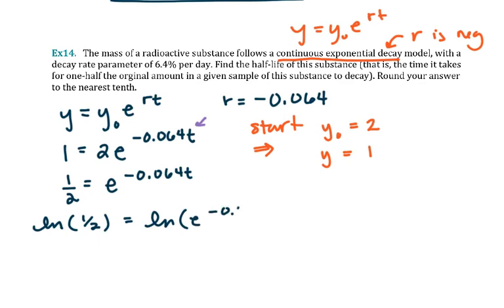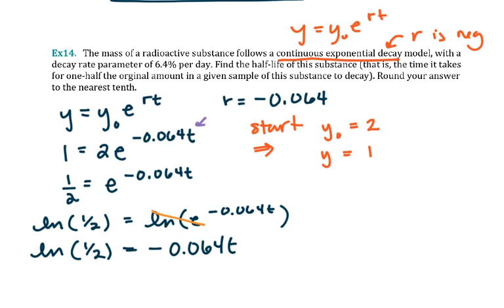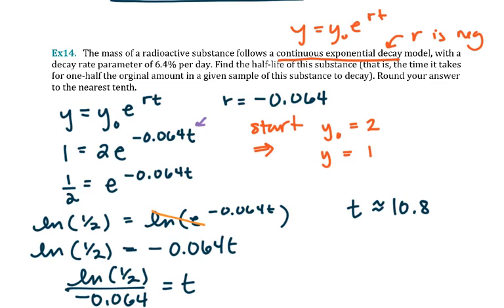What that does is allow the ln and the e to go away, and it brings that exponent down. So we end up with the natural log of 1/2 equals negative 0.064 t. Dividing on both sides, the natural log of 1/2 divided by negative 0.064 equals our t value. If we plug that into our calculator, we get that t is approximately 10.8.